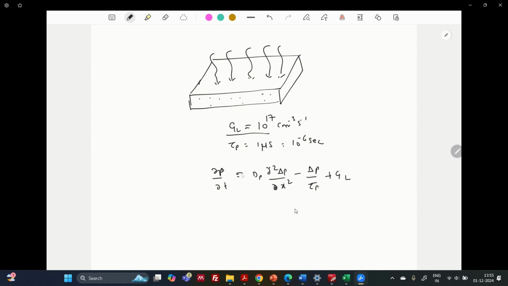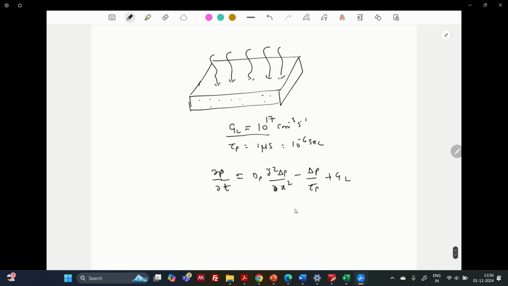Now, of course, let's focus on which terms can be zero or can be evaluated using the situation we have been given. Which terms can we eliminate, or which can be simplified? This is uniformly illuminated by light. It means if an excess concentration is created here, the same excess concentration is created here, and the same excess concentration is created here.